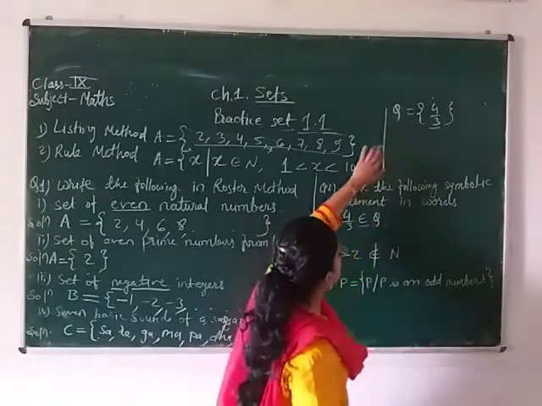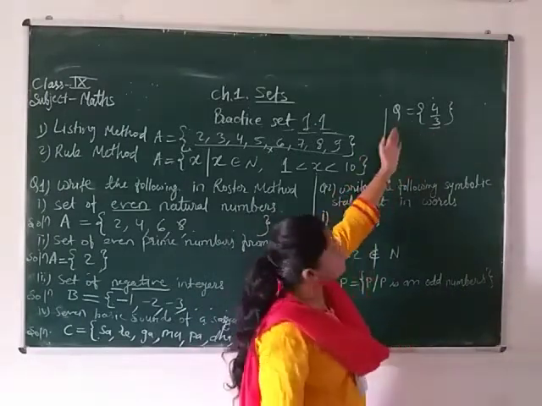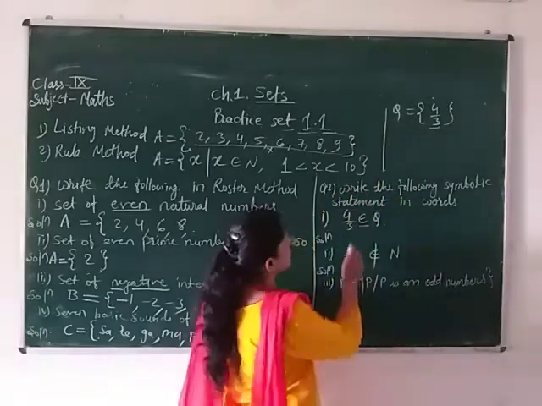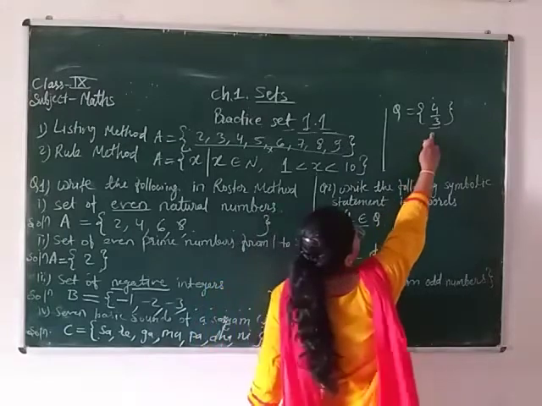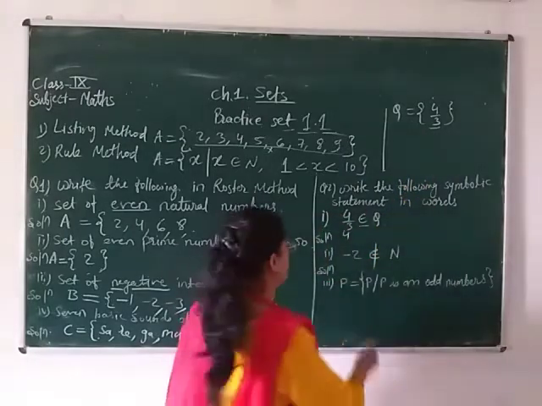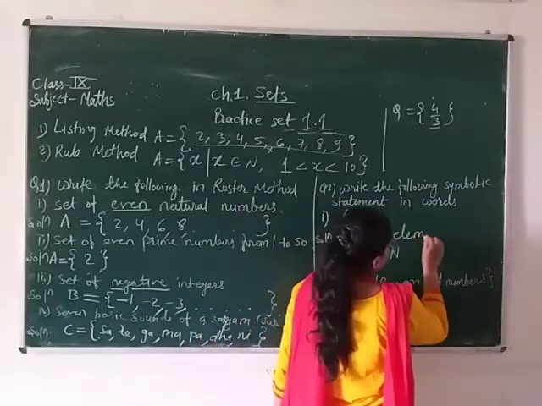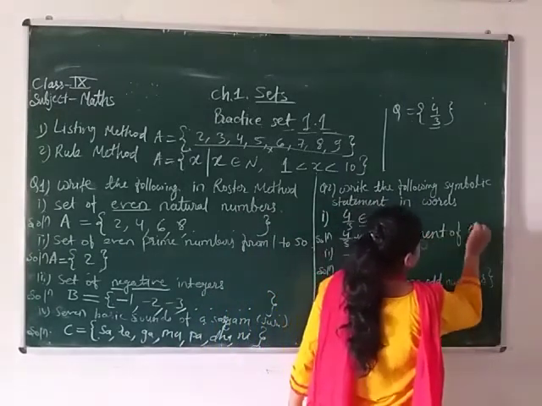So 4/3 belongs to Q means 4/3 is an element of Q.